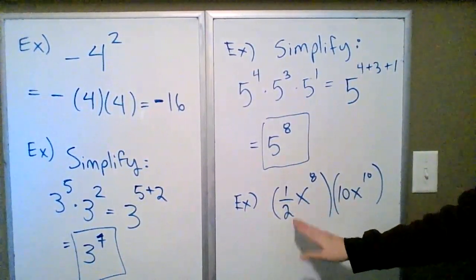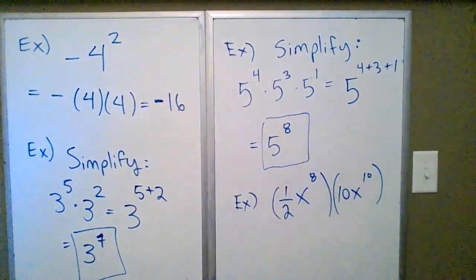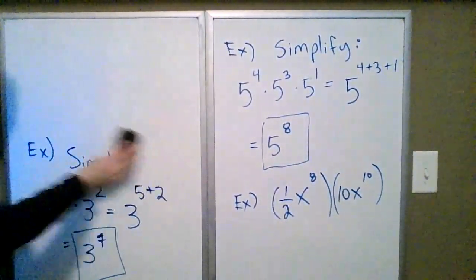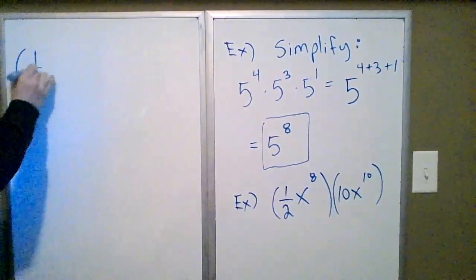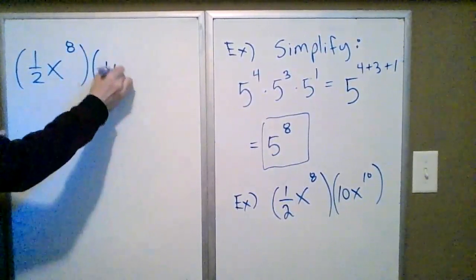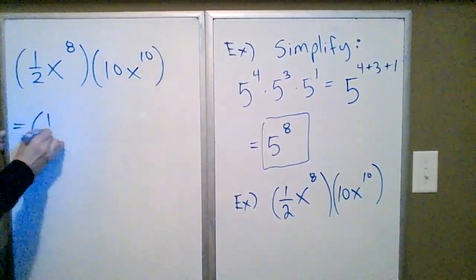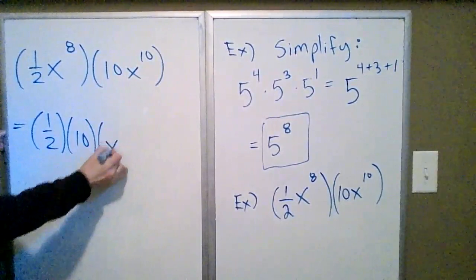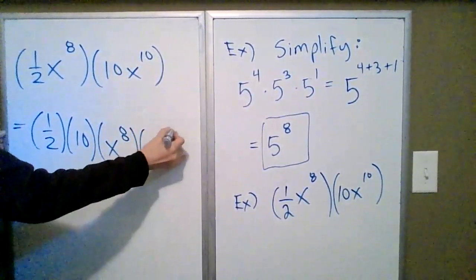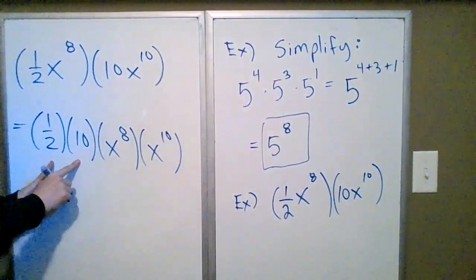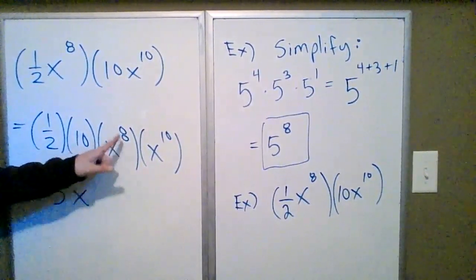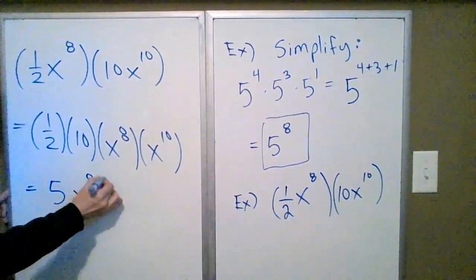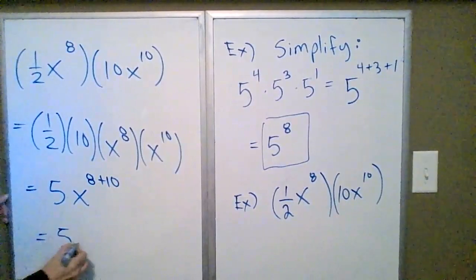Okay, first let's just rewrite this. 1/2 times 10. One half times 10 is 5. x with the power of 8 plus 10. x to the 18th.